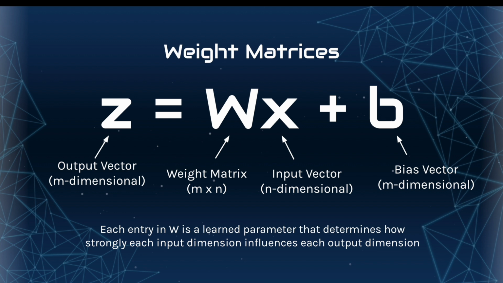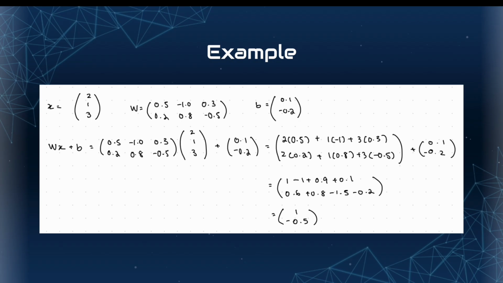The weight matrix is essentially transforming your n-dimensional input into an m-dimensional output, where each entry in W is a parameter that determines how strongly each input dimension influences each output dimension.